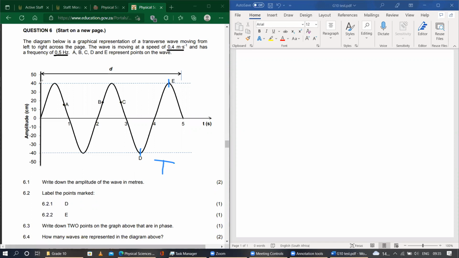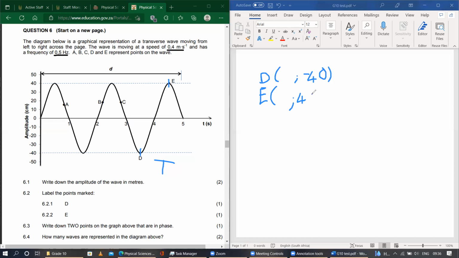It's 40 and negative 40. Usually when they say label them, I think they want the coordinates. So for D, it's going to be something and negative 40, and for E, it's going to be something and 40.